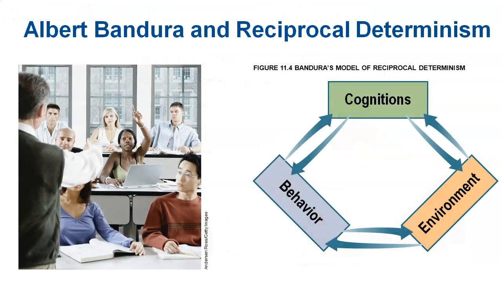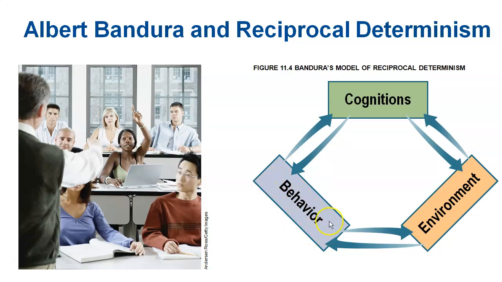For the exam, you will need to know Albert Bandura's idea of reciprocal determinism. This is the whole idea that there are three main factors: cognitions, environment, and behavior, and all of these influence one another. The way that you think about a situation is affected by the environment that you're in, but it's also affected by the behavior that you have.